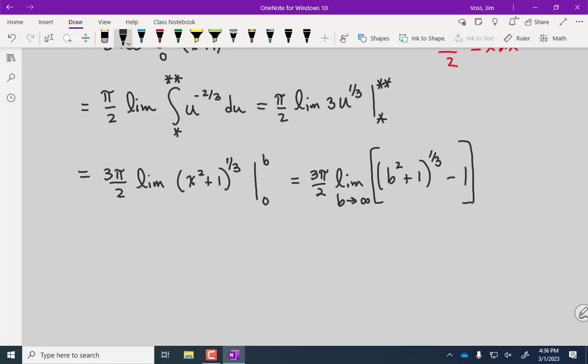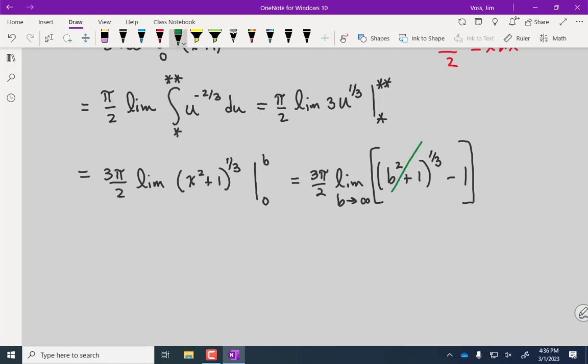All right, there's where we're at. As b goes to infinity, b squared plus 1 goes to infinity, and b squared plus 1 to the 1/3, that's the bird wing in quadrant 1, is also going to infinity.